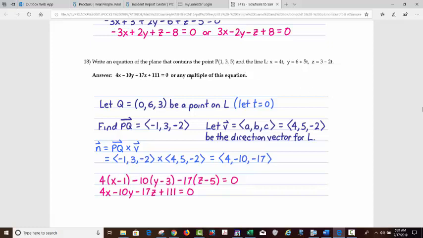Hey, notice my answer here, or any multiple of this equation. That also includes, the last one I didn't mention, not only signs, but let's say your answers could have been reduced. Going back to this last one, what if somehow you had 6x minus 4y minus 2z plus 16 equals 0?